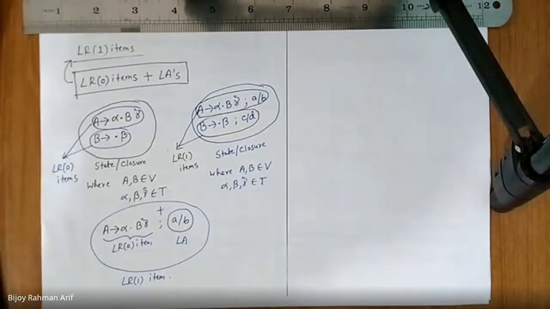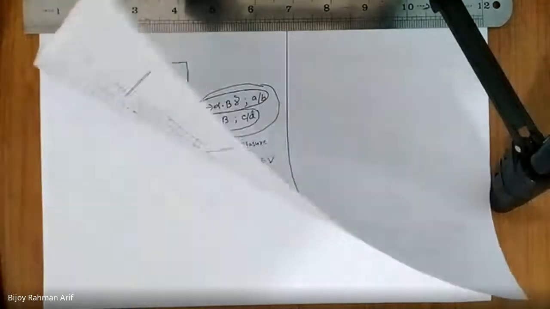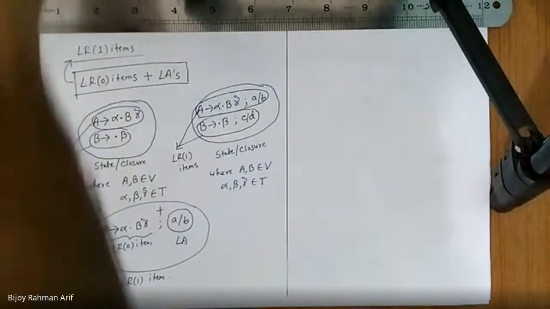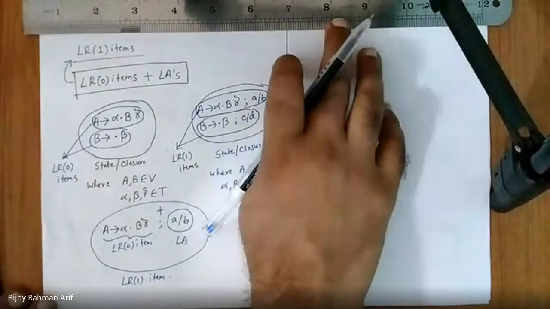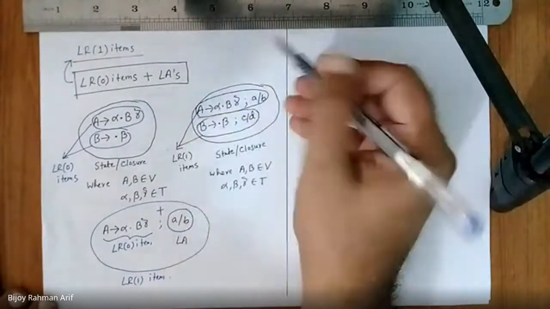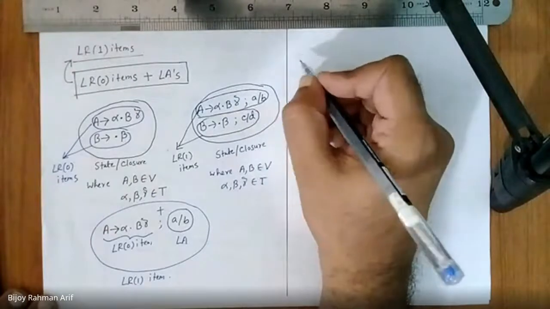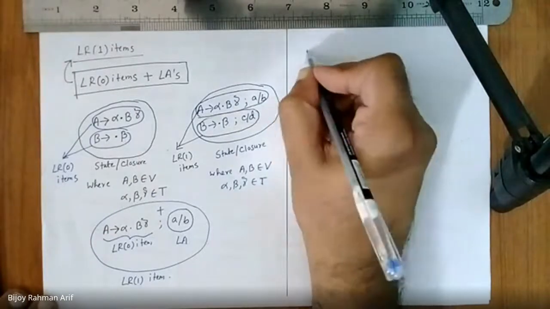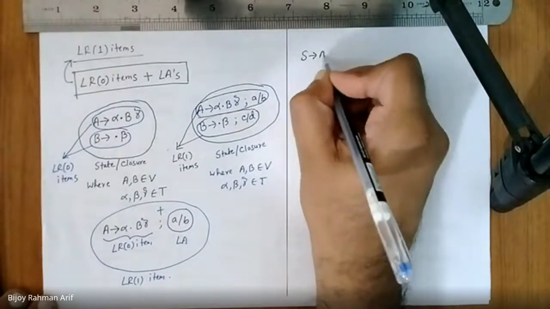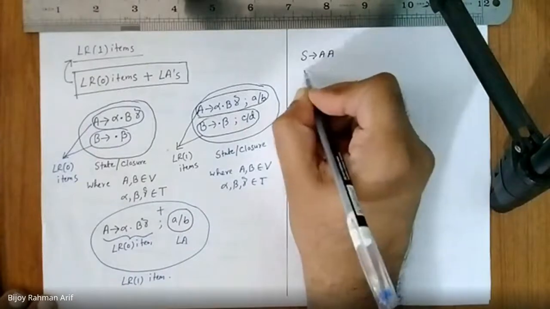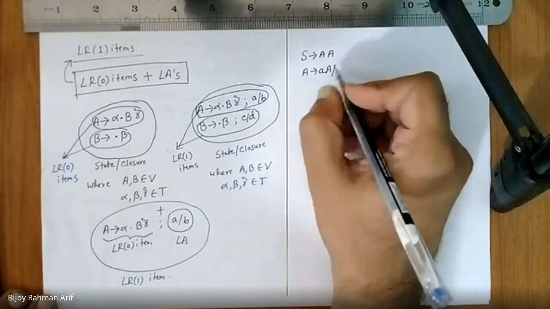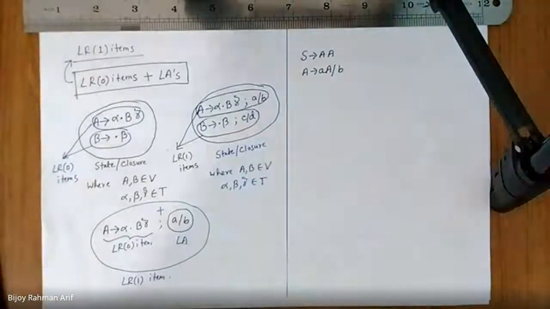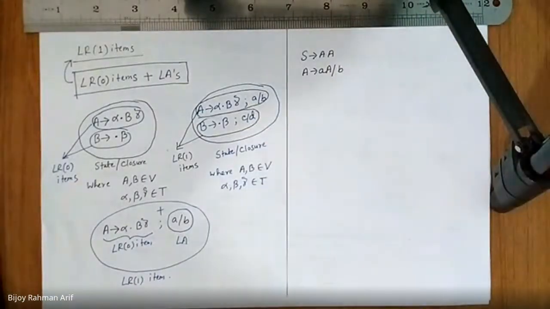Now the question is how can I find the look ahead? So let's take an example. We have solved this example many times. We have used this same grammar for LR0 and SLR1. So let's take that grammar. What is that grammar? S derives A A, A derives small a A or B. So what is the first part?